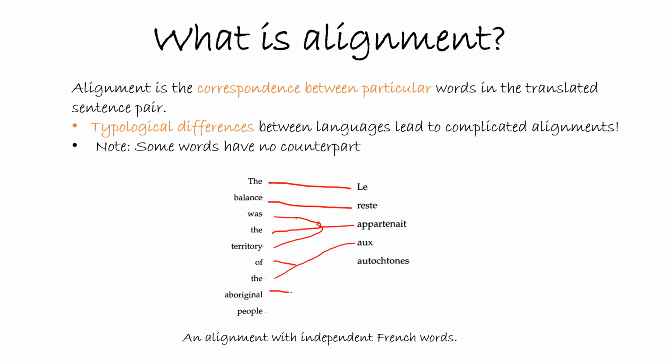For "Aboriginal" and "people" it will be this. So it's a many-to-one relationship, and there could be different types of alignments with these given sentences.